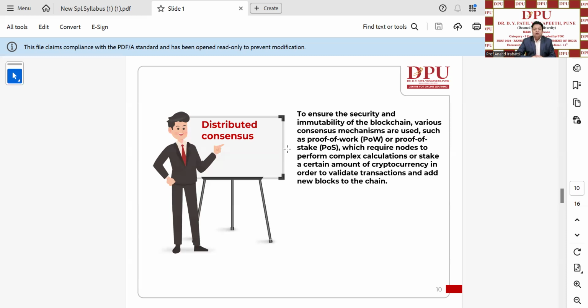So how to protect it? How to protect the data, the transaction from these hackers? Here we need to implement a kind of mechanism. In case of a traditional banking system, in case of a traditional financial system, a bank will take care of it.